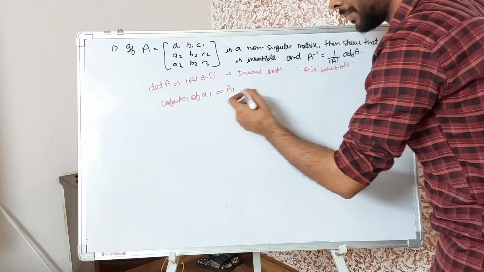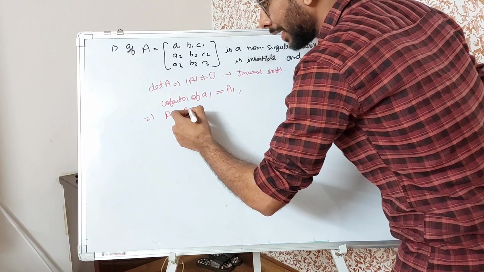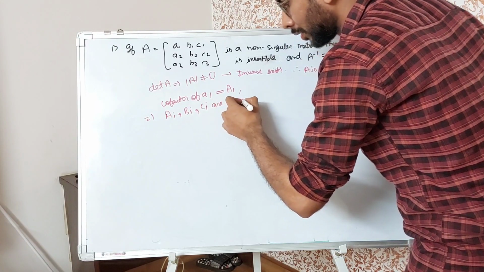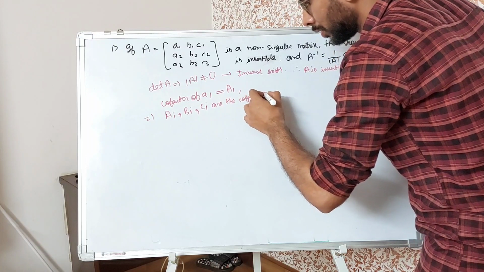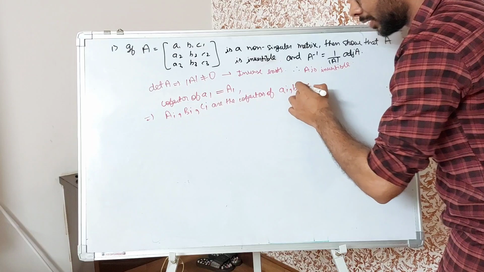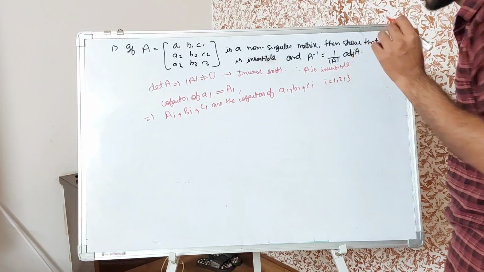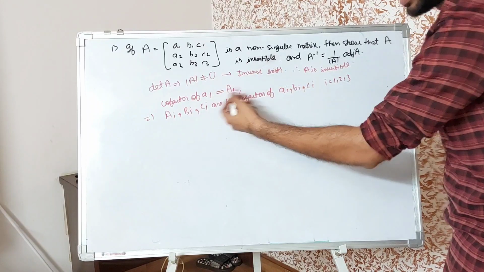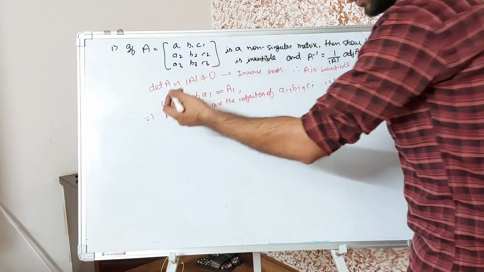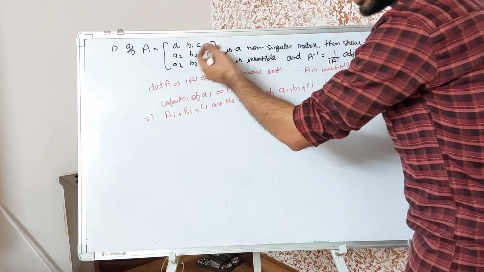So we can write that Ai, Bi, Ci are the cofactors of ai, bi, ci, where i ranges from 1 to 3. So its cofactor matrix would be capital A1, B1, C1 and so on.